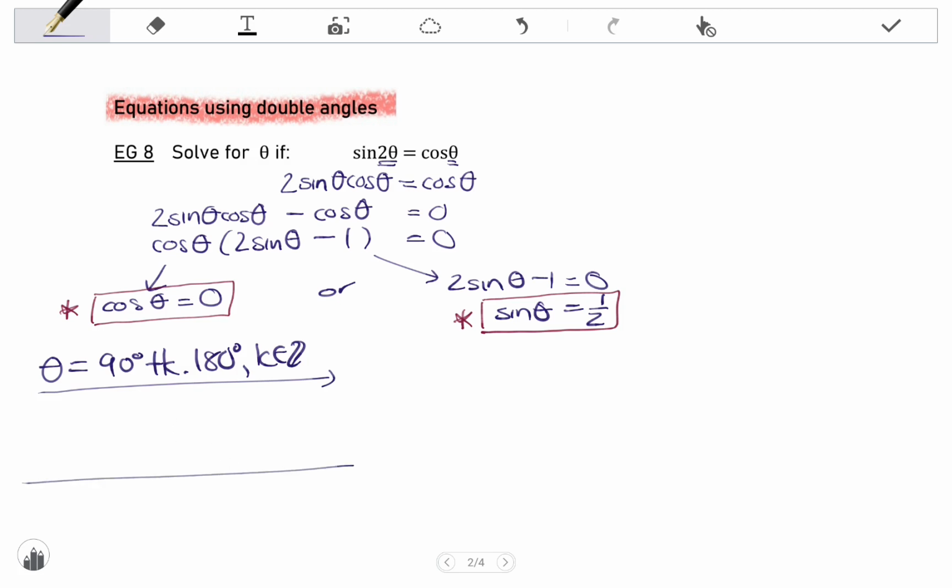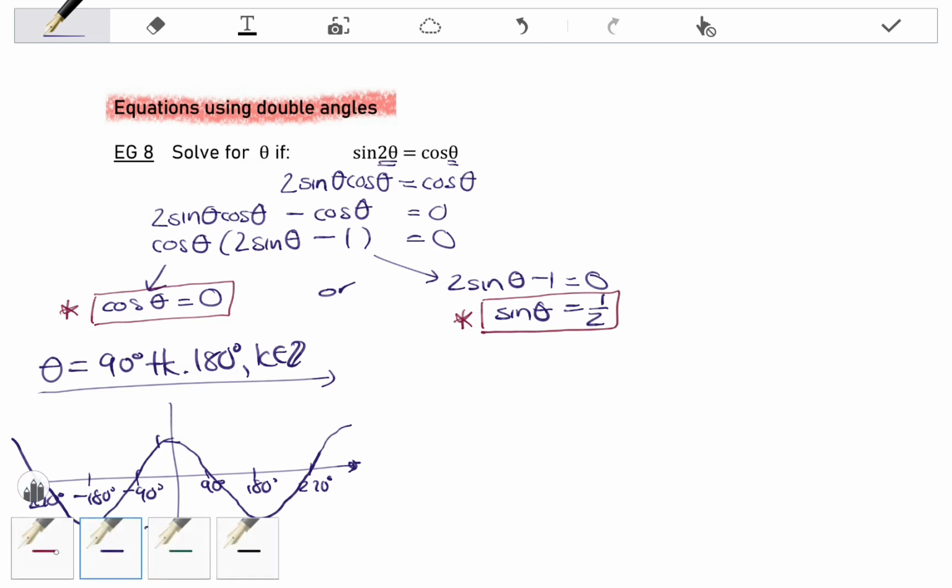Just quickly looking at the cos graph though, 90, 180, 270, and so forth. Negative 90, negative 180, negative 270, that's 2, 1, negative 1, okay. Our cos graph sits there, okay.